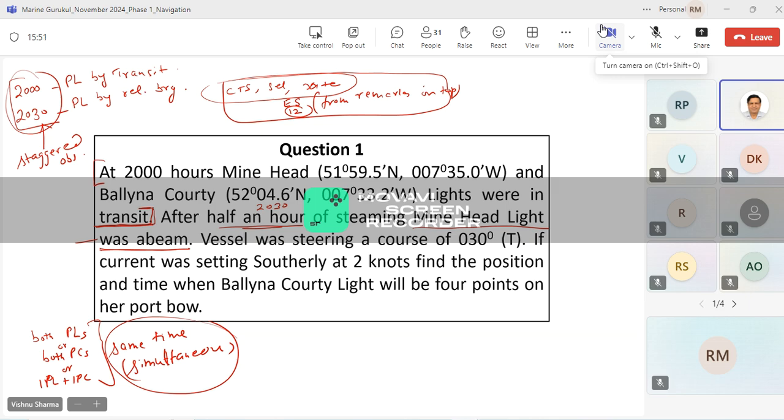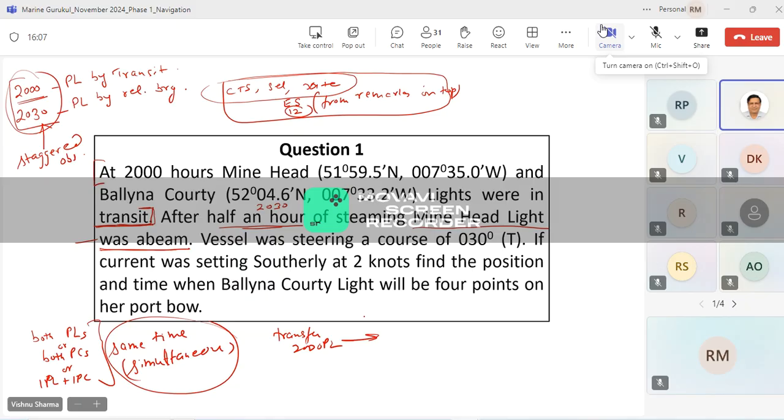In such a case, what we can do is run up this 2000 hours PL. We can transfer the first PL to the time of the second PL.